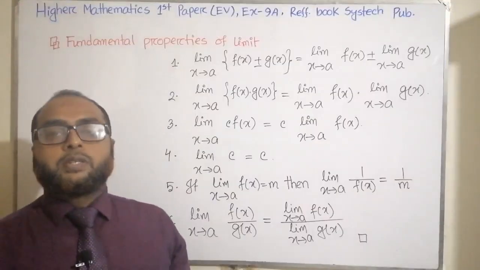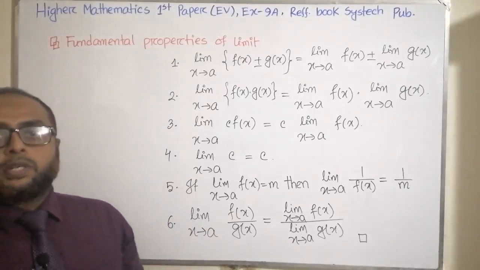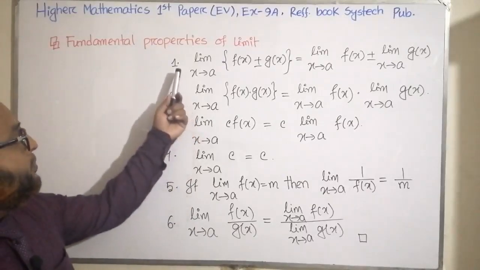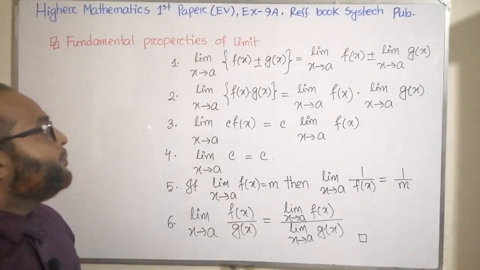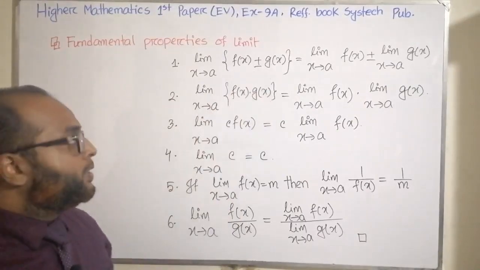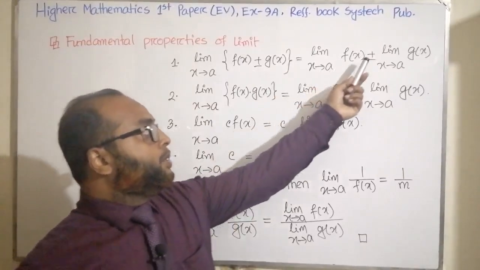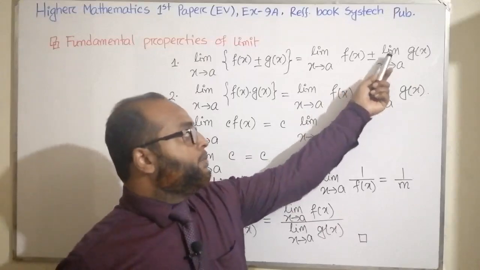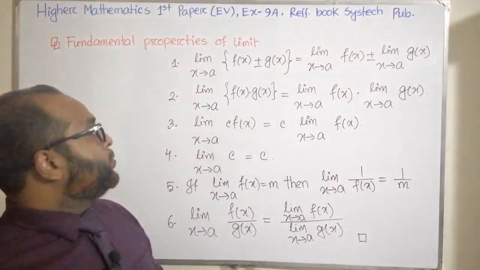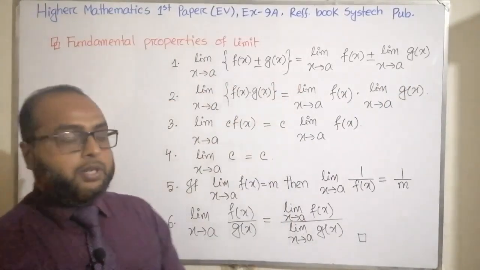Okay my dear students, now I will discuss some fundamental properties of limit. Number 1, limit x tends to a, f of x plus or minus g of x, equals limit x tends to a, f of x plus or minus limit x tends to a, g of x. That means we can write the limit separately.